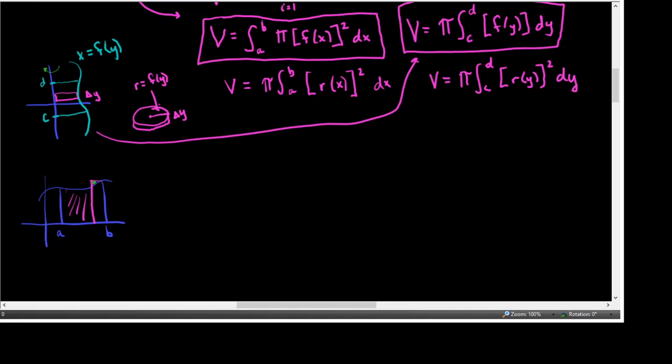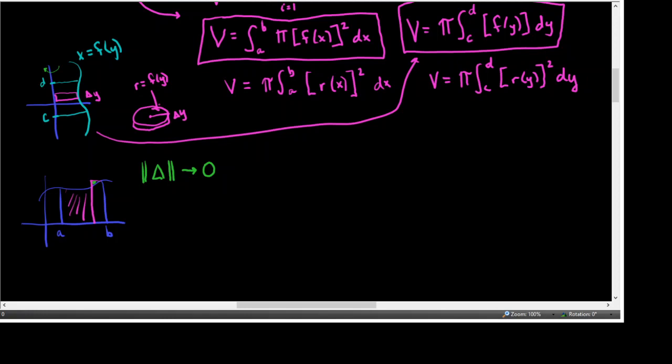And so the magnitude of the partition is the largest width being used. We also want to claim that that has to go towards 0. We want all widths to become closer and closer to 0.